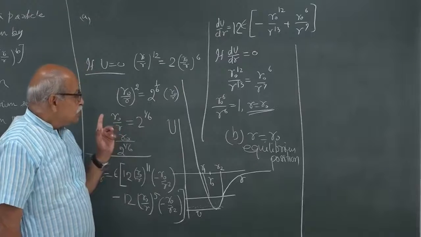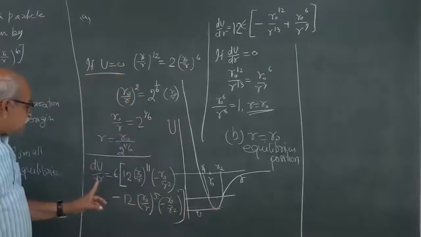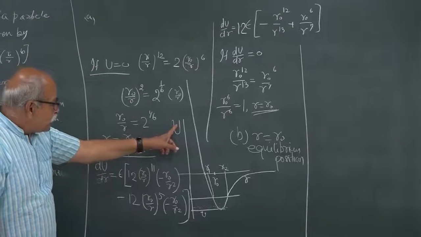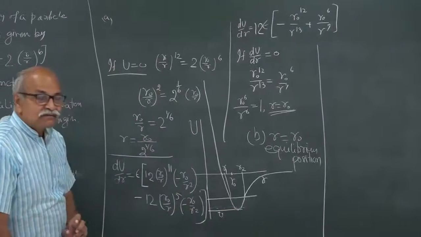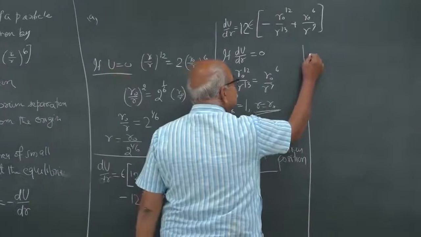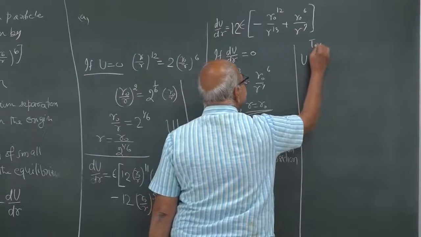I go for this expansion of u around this point r naught. Okay. So, u is equal to, this is called Taylor series.